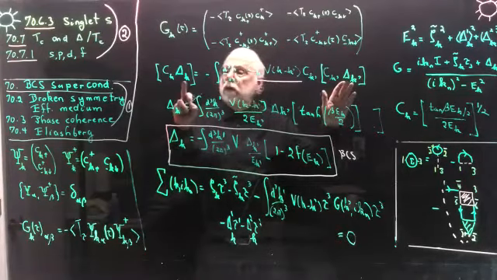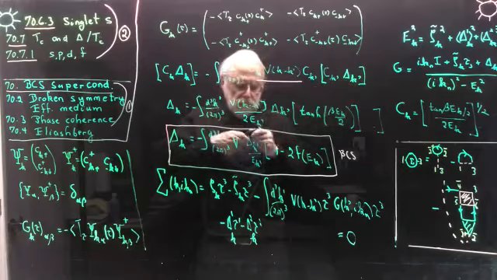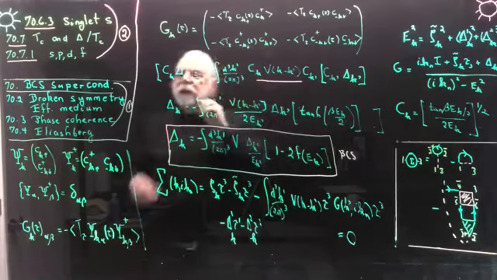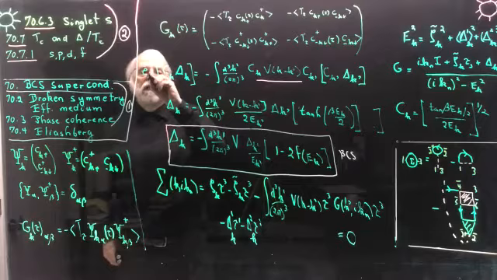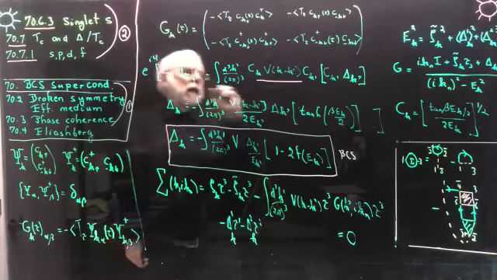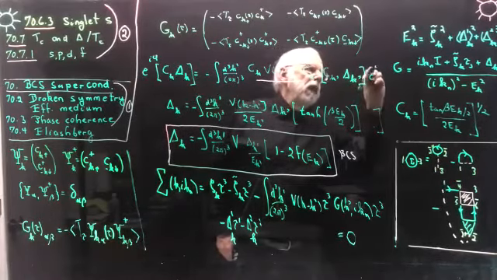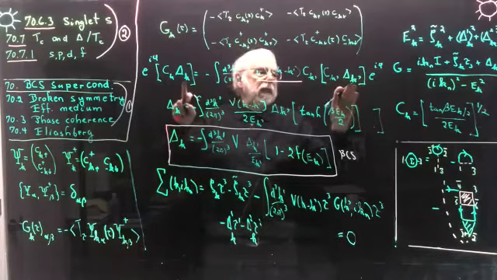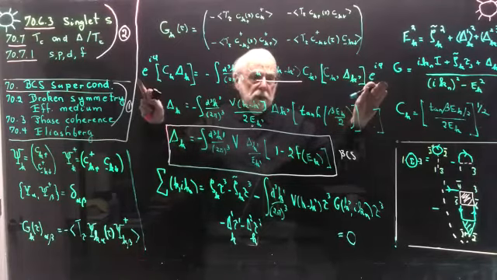But in general, the delta can be complex. So what does that mean? It means that there can be an overall phase, e to the i phi, that's allowed. But that phase cannot depend on k or k prime. It's just a constant phase.